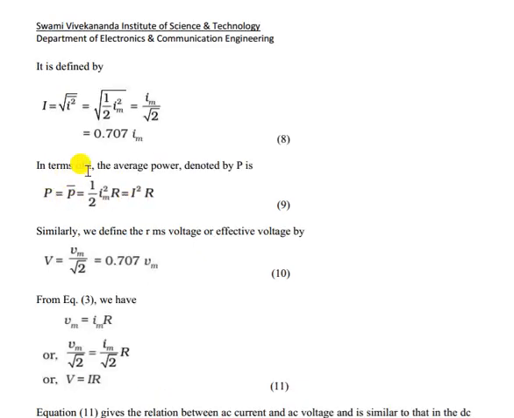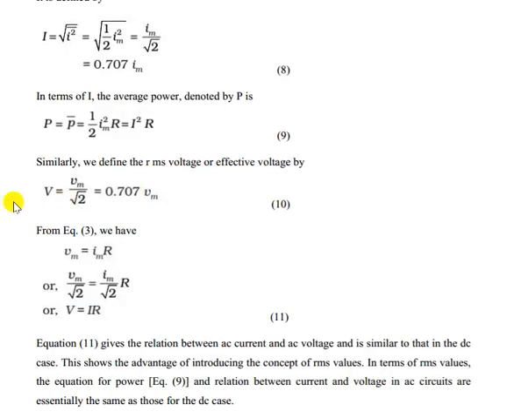Now in terms of I, the average power denoted by P, we can write as half Im squared R, or we can write I squared R, where this I is the RMS value. If we take Im by root 2 and make it whole square, that becomes I squared R. Similarly, voltage is Vm by root 2 or 0.707 Vm.